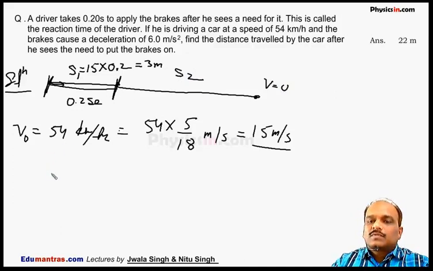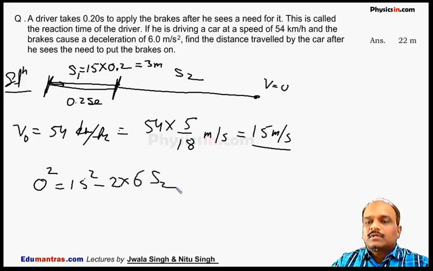So for s2 the final velocity is 0, so 0 square is equal to u square, that is 15 square, minus twice, and the retardation is given, it is 6 into s2. We are using v square is equal to u square plus twice as. So the final velocity of the car is 0, initial is 15 meter per second, acceleration is 6, and the displacement is s2.